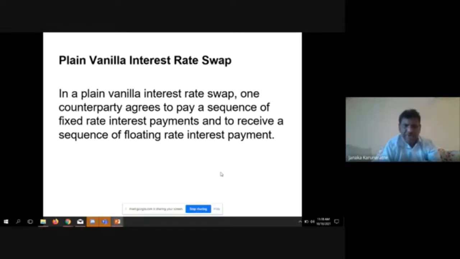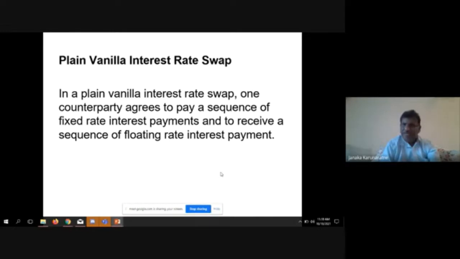That's how interest rate flows are exchanged. Banks especially enter into this sort of plain vanilla interest rate swap because of the structure of their interest rate products and possible interest rate risk.